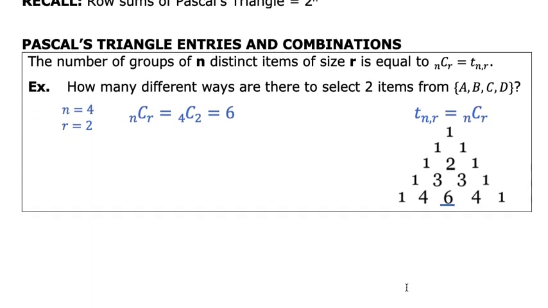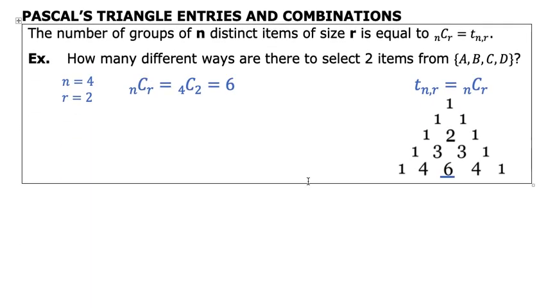But there's a deep connection between Pascal's triangle and combinations. Let's have a look. The number of groups of n distinct items of size r is equal to nCr, the combination, which is equal to t(n,r), where t is a location in Pascal's triangle. So if you want to figure out the value of a combination, you can just find its location in Pascal's triangle.